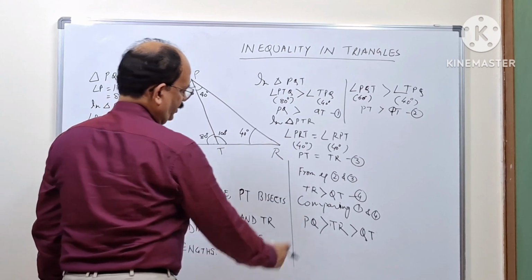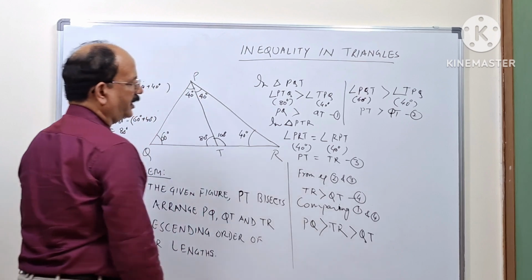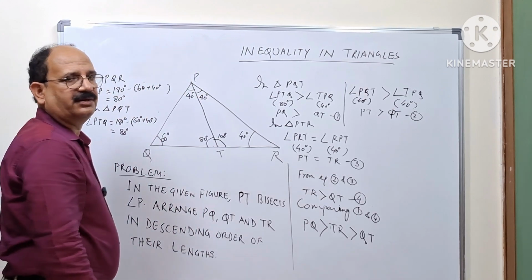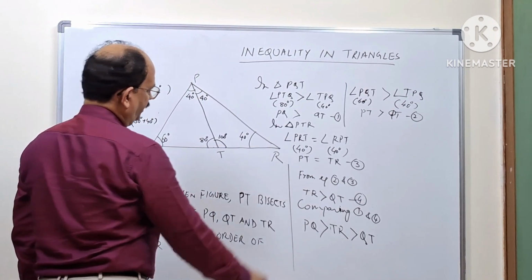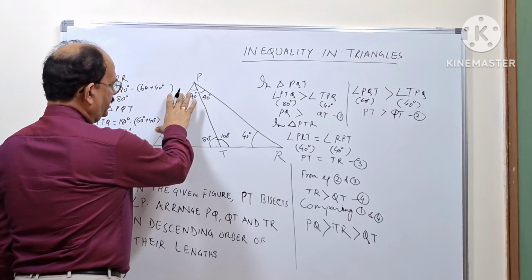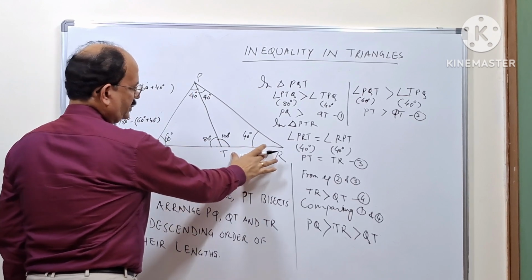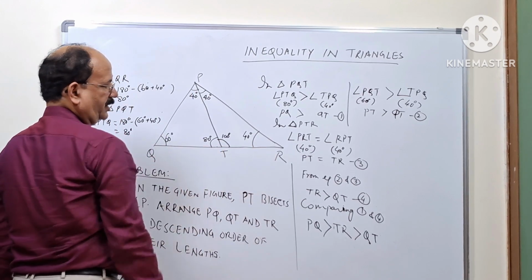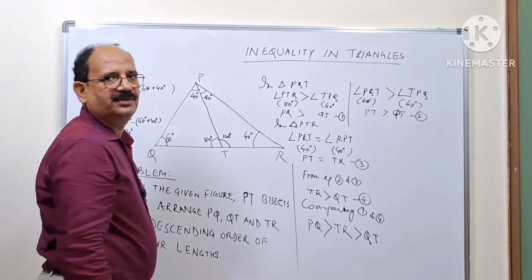So this is the descending order in which the sides are placed, right? PQ is the largest side, TR is the next largest side, QT is the smallest side.